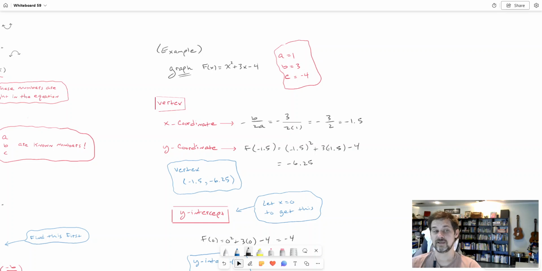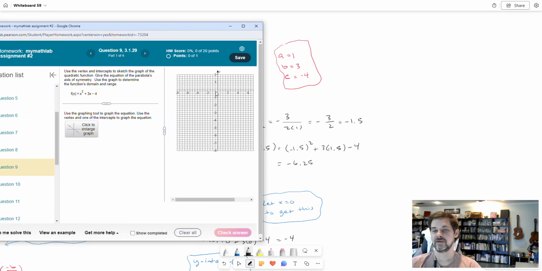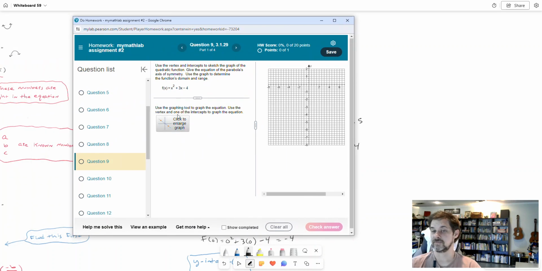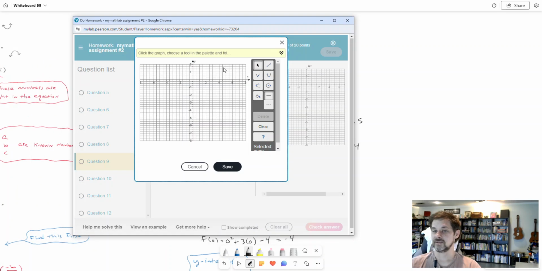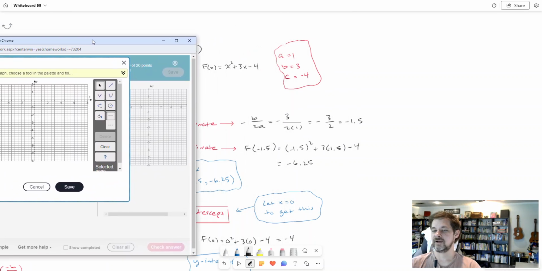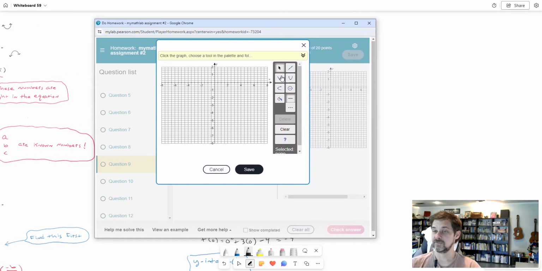We can find the vertex on this graph by going left 1.5 and down 6.25. Let's try to do that. I'll hold off on the rest of this problem for now and just do this. Okay, so that point was negative 1.5 for x, negative 6.25 for y.